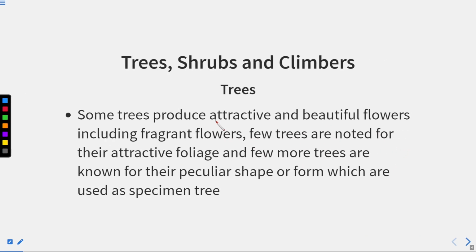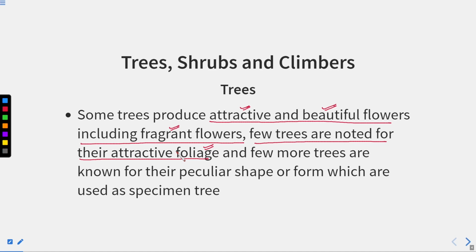So some trees produce attractive and beautiful flowers, including fragrant flowers. Means the flowers have a beautiful fragrance and they look quite attractive also. Few trees are noted for their attractive foliage, means their leaves are quite big and quite different.